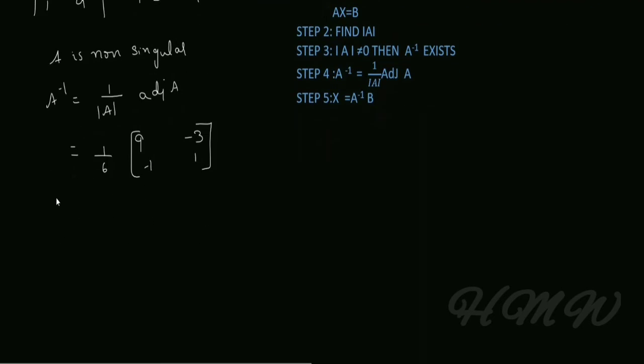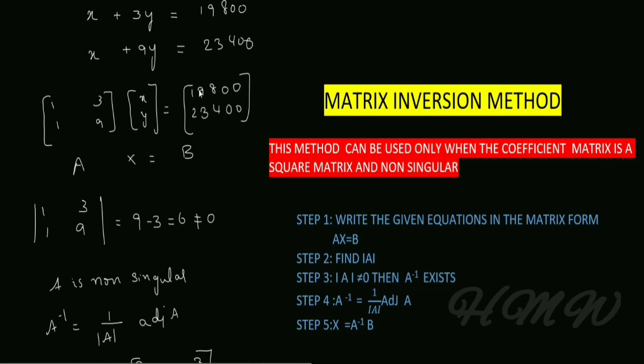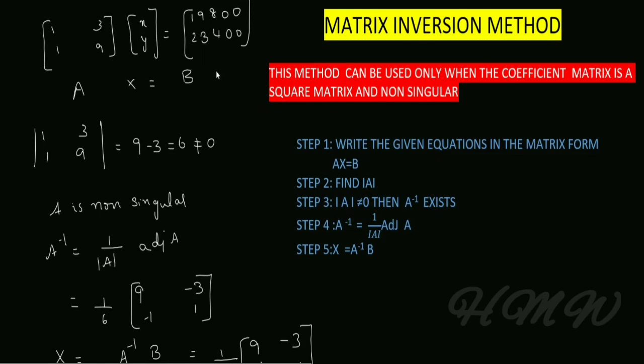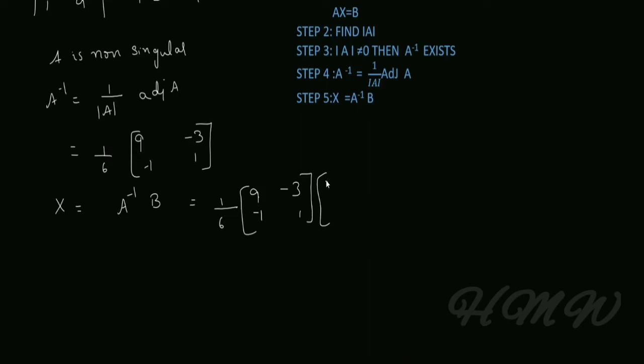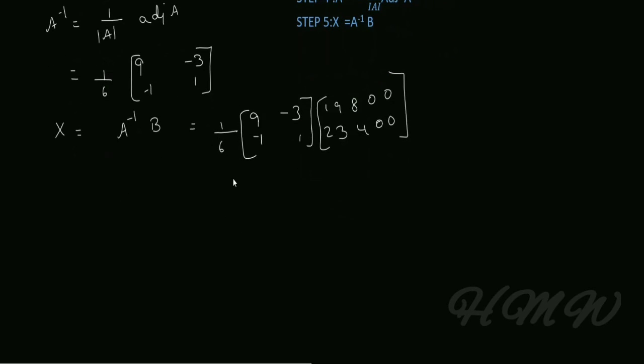Now we have to find the X matrix. X matrix is A inverse into B. That is equal to 1 by 6 times the matrix 9, minus 3, minus 1, 1 into matrix B, which is 19800, 23400. So you have to multiply now.